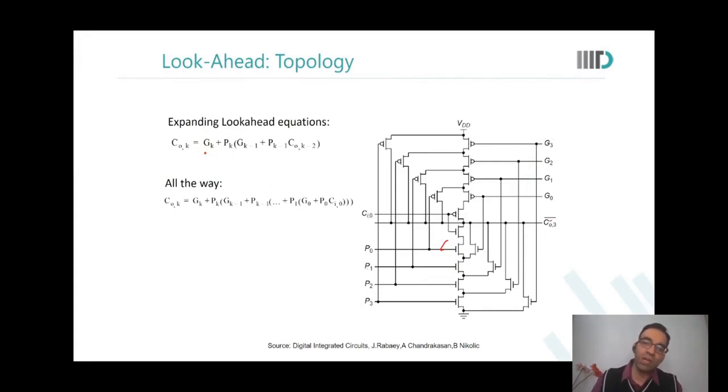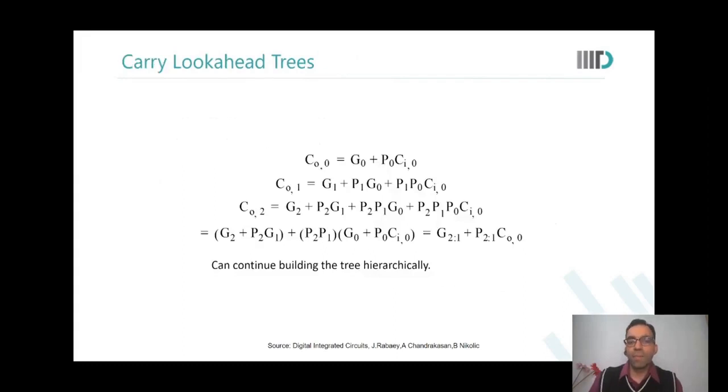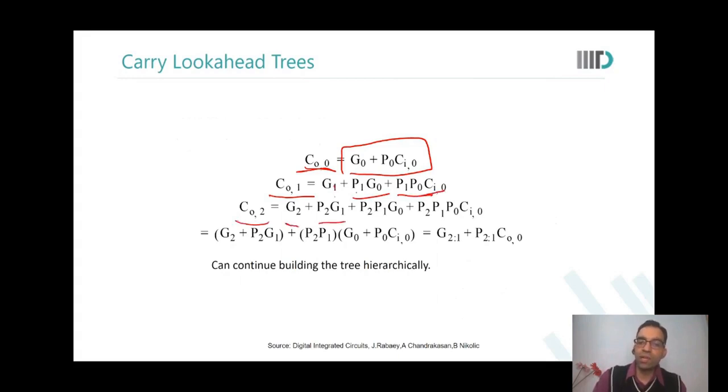So that is what look ahead topology looks like. You see, what we do then is that CO0 is G0 and P0, Ci0, but CO1 is equal to G1 plus P1 G0 plus P1 P0 C0. CO2 is equal to G2 plus P2 G1. So basically, you are continuously, recursively adding the delays there.